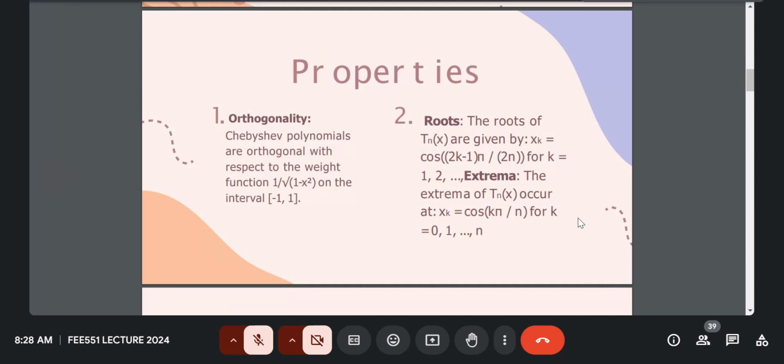In orthogonality, the Chebyshev polynomials are orthogonal with respect to the weight function 1 over root of 1 minus x squared on the interval -1 to 1, and the roots of Tn(x) are xk equals cos of (2k minus 1) pi over 2n, for values of k ranging from 1 to n. The extrema of Tn(x) occur at cos of k pi over n, where k is from 0 to n.